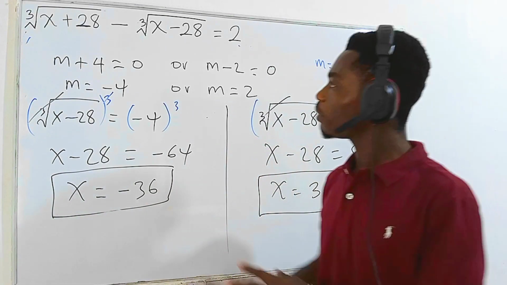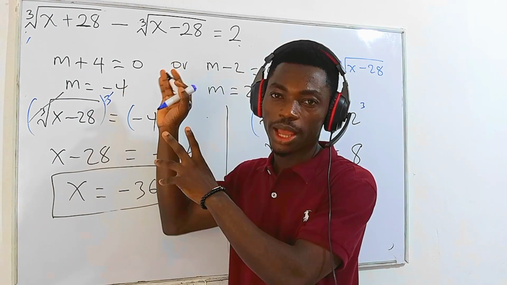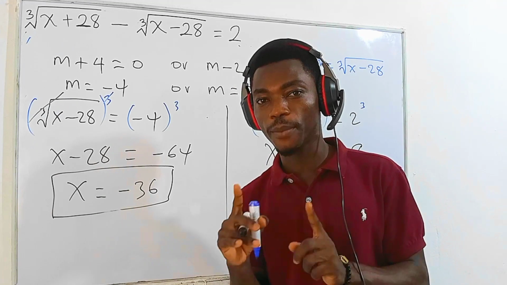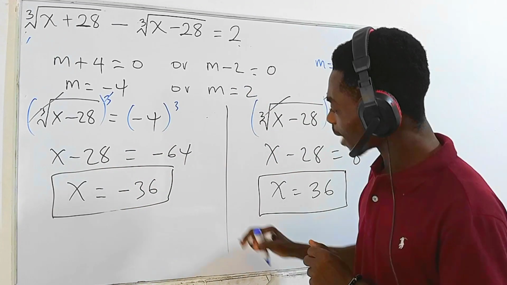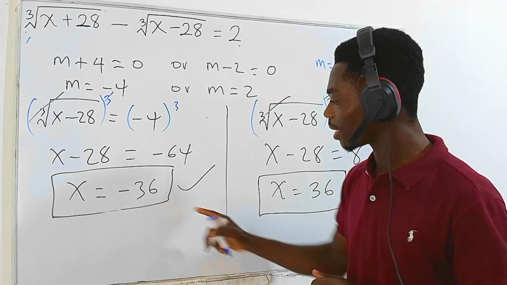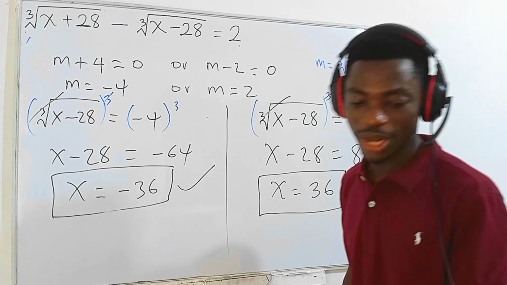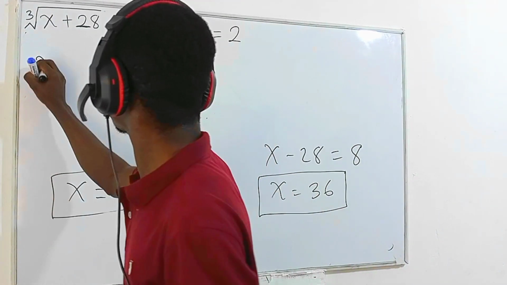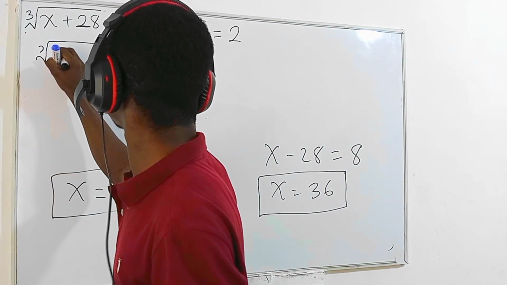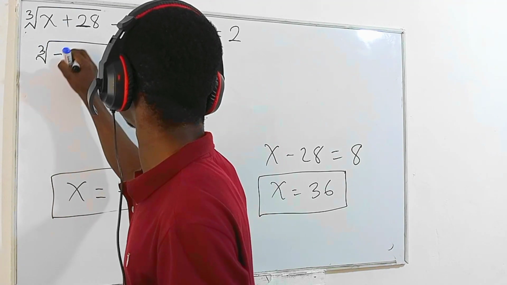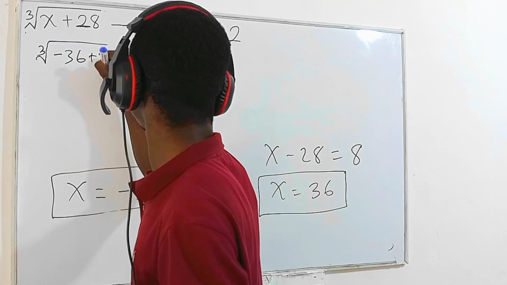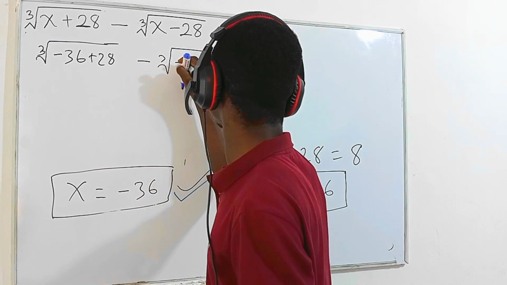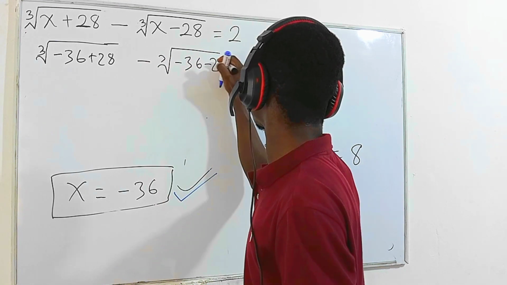But of course, if you are tackling radical problems, sometimes if you get two answers like this, don't just go. Test and see, because some of them may not work. I'm going to tackle this one first because if this works, then definitely the other is going to work. So let's see. When x is equal to negative 36, we have cube root of negative 36 plus 28, then minus cube root of negative 36 minus 28.